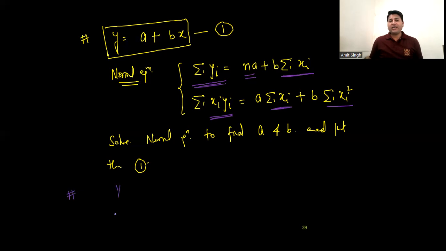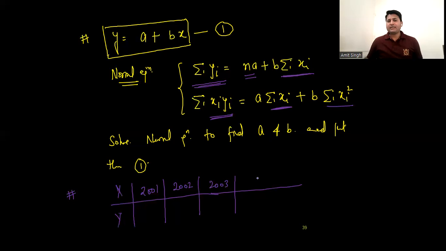Suppose this is the x value and this is the y value, and they are too large in magnitude. Like if I take an example, the production of wheat in the year 2001, then 2002, then 2003, 2004, 2005.